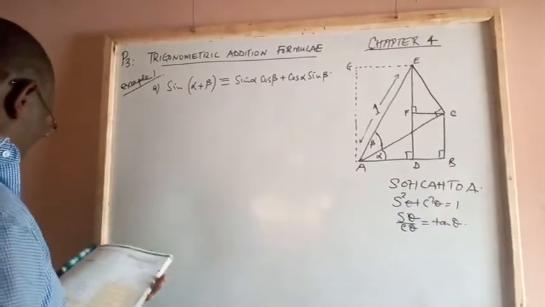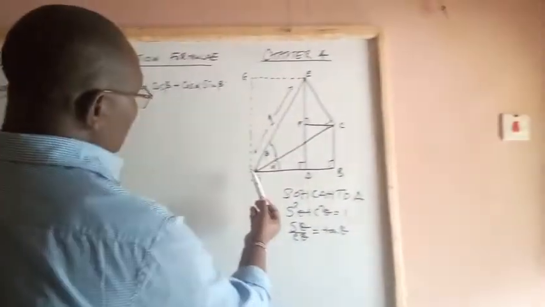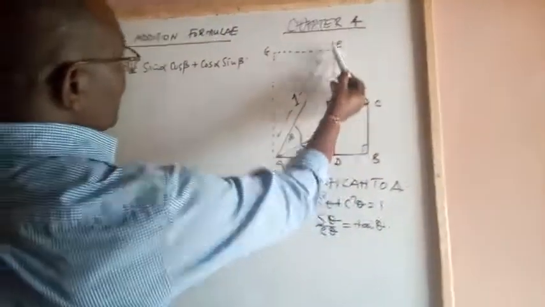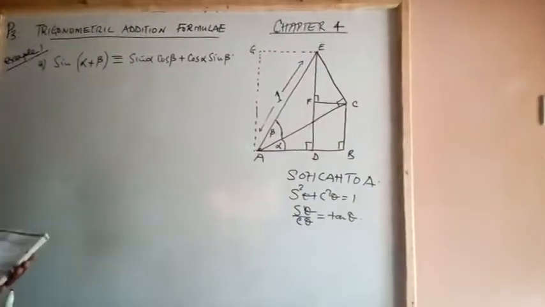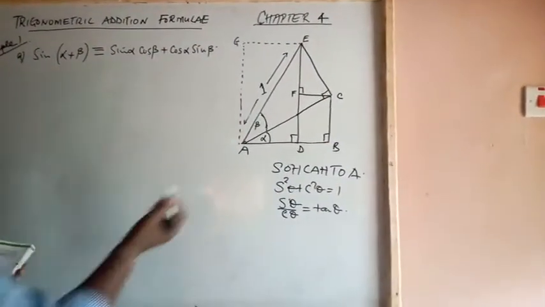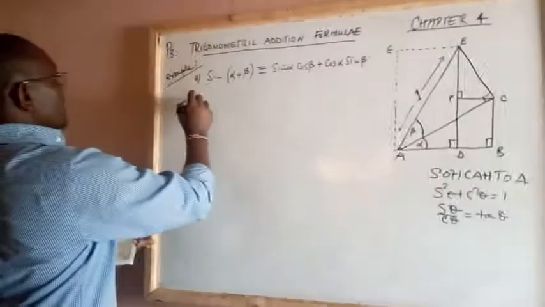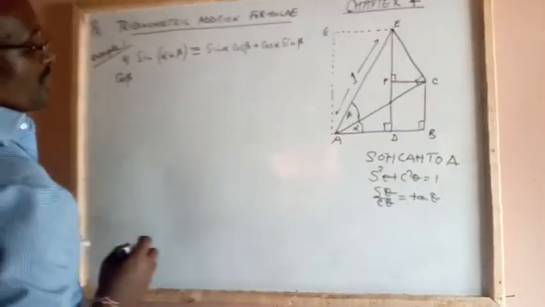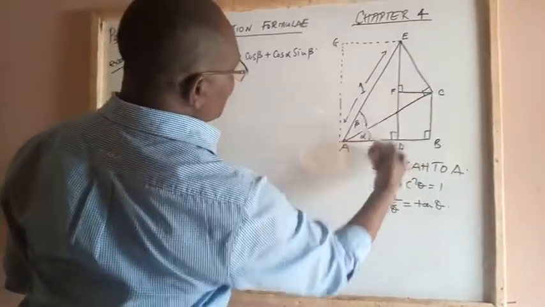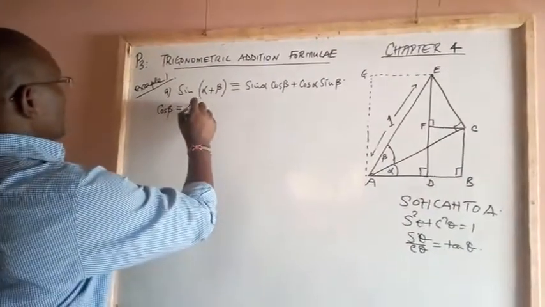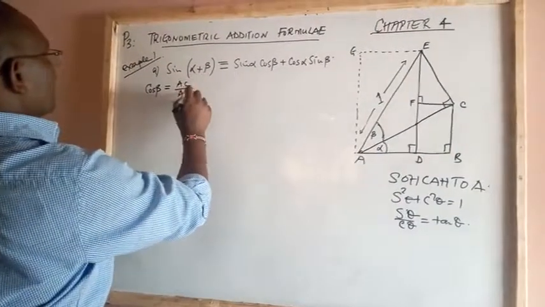To begin with, let me focus on triangle ACE, which is right-angled at point C. If we focus on that, we highlight the angle beta and say the cosine of beta, according to the natural law which we know, is given by the adjacent side, AC, over the hypotenuse, AE.